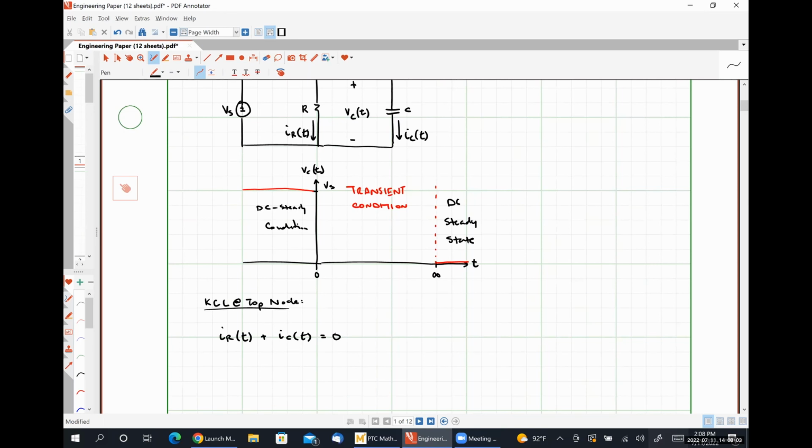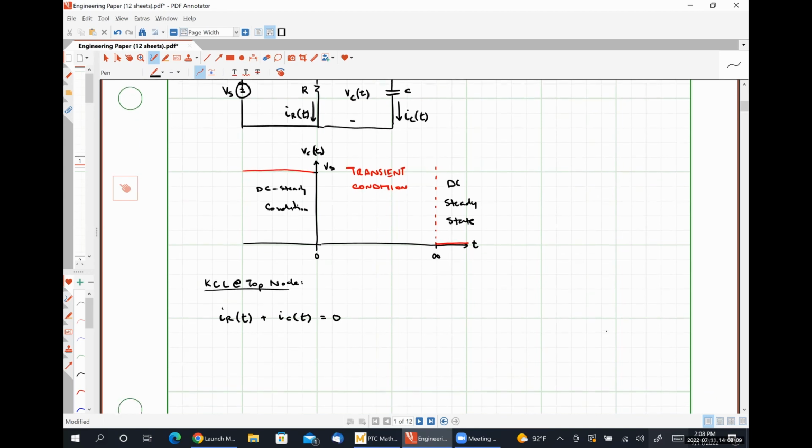We can express both of these currents in terms of the capacitor voltage Vc. So using Ohm's law, this is going to look like 1 over R times Vc(t). Our capacitor current is C times the derivative of V with respect to time. This is equal to zero.